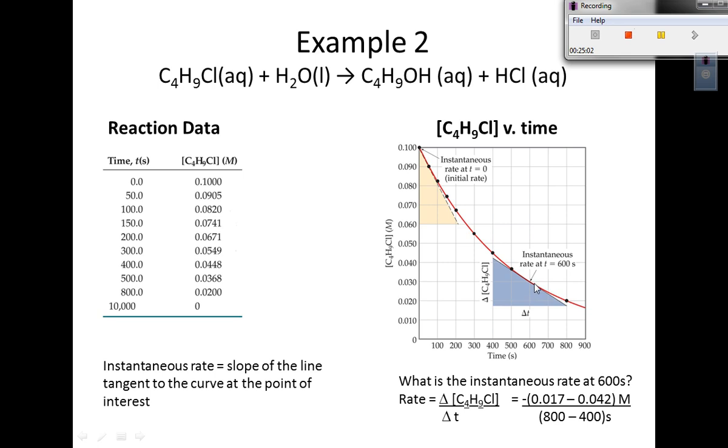If I want to find a point on a curve, then I'm going to use the line tangent to that curve and find the rate there. Can you use your calculator to do this? Yes, you can. Just do some math.